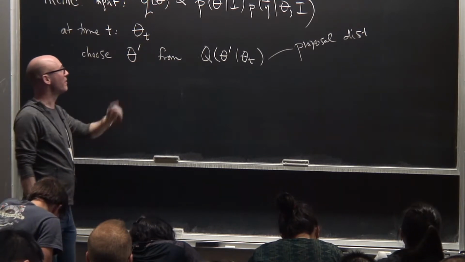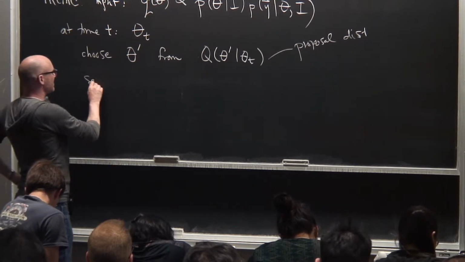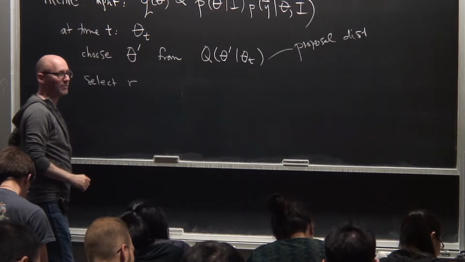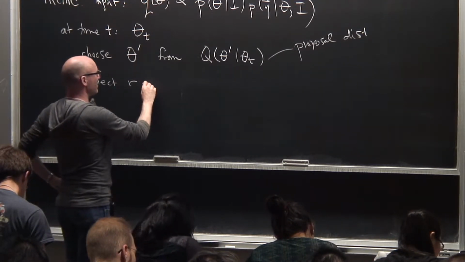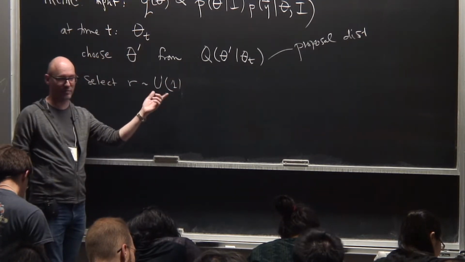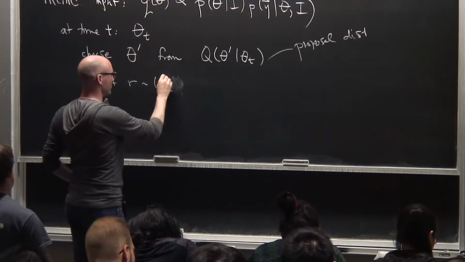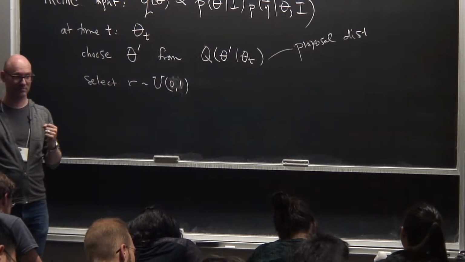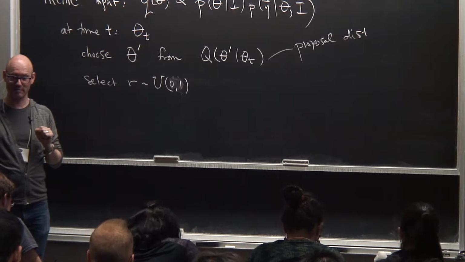Okay. Then I select a random number R from uniform of 1, meaning the uniform distribution from 0 to 1. Everyone still with me?